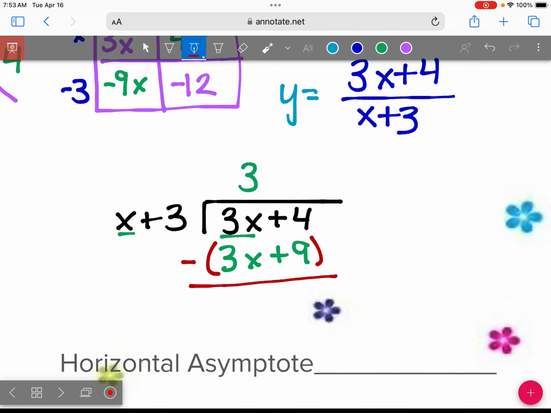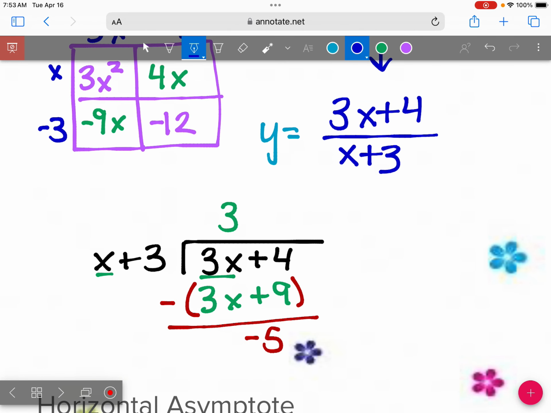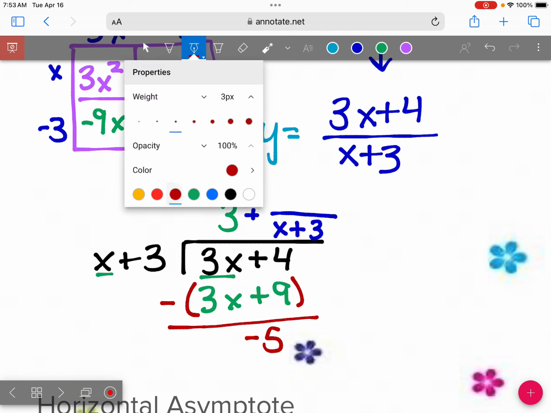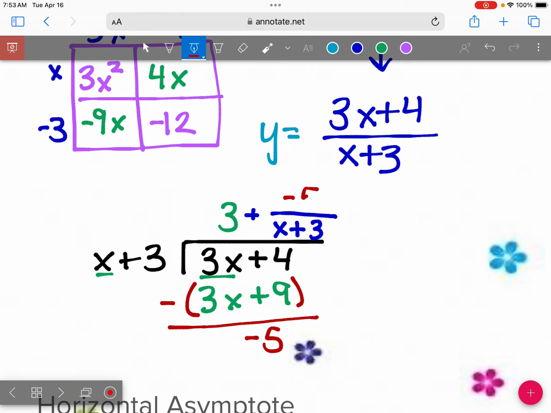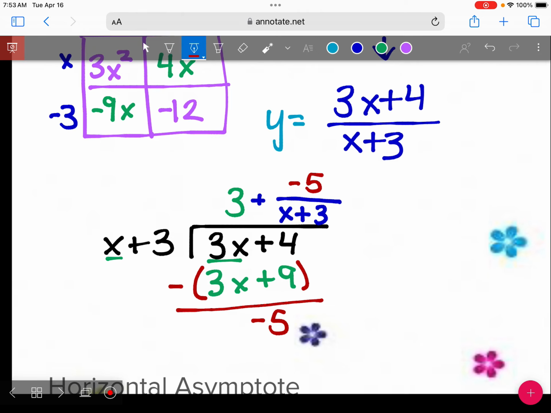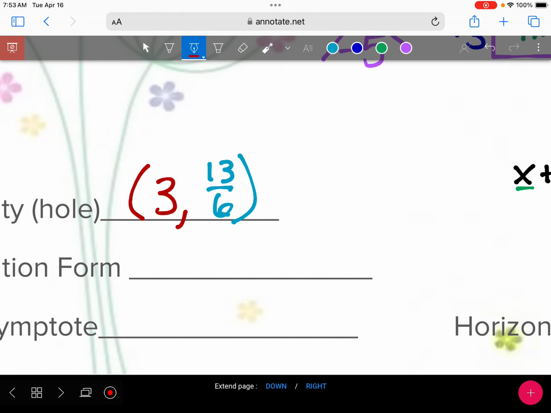So what's my remainder? -5. So I can write this in remainder format, where we have our remainder on the top and what we divided by on the bottom. So we're going to have our -5 over x plus 3. That's my transformation form once we flip their spots. We're going to have our -5 over x plus 3 plus 3.